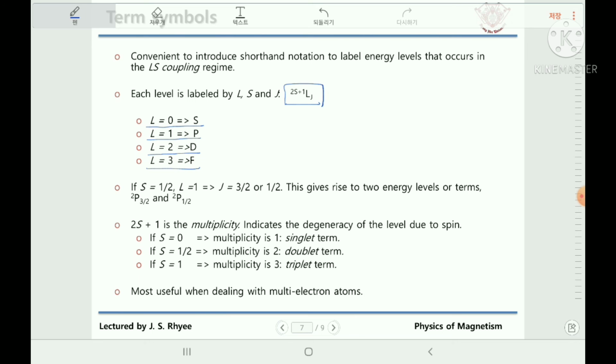For example, in the case that S equals 1/2 and L equals 1, J has two possibilities in the jj coupling.